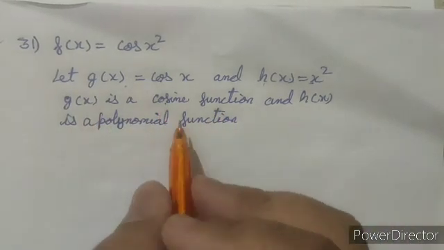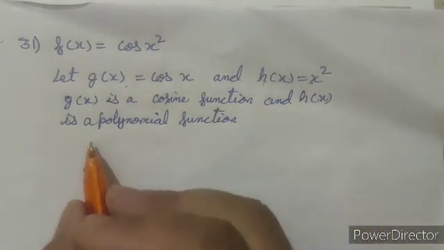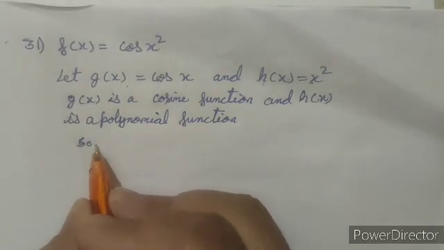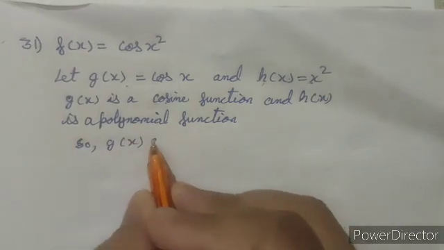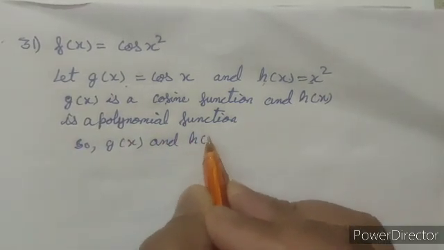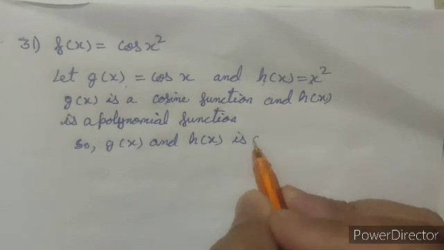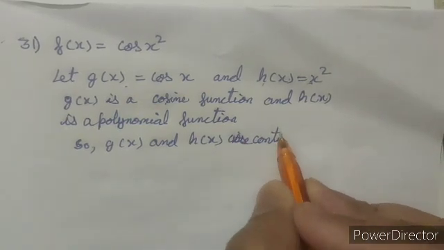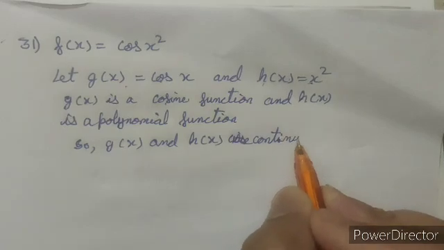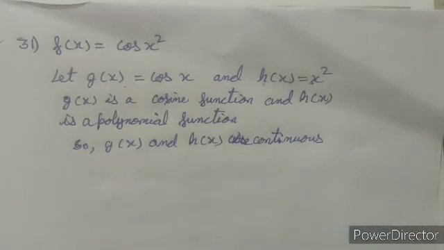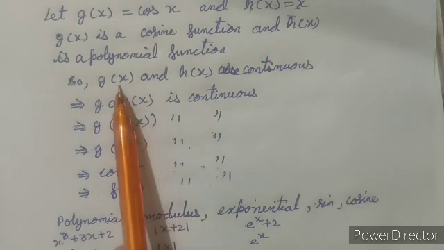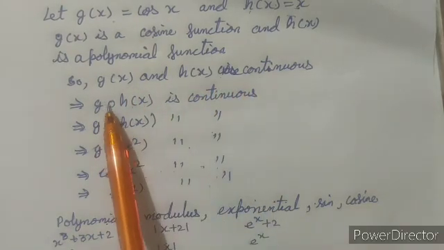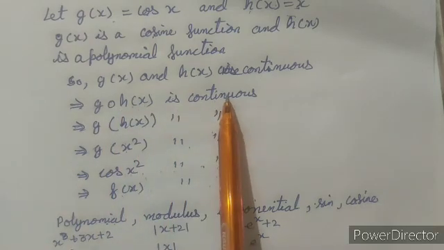Now the cosine function and polynomial function are always continuous at all points, so we can say that g(x) and h(x) are continuous. So if g(x) and h(x) are continuous, then g of h(x) will be continuous.